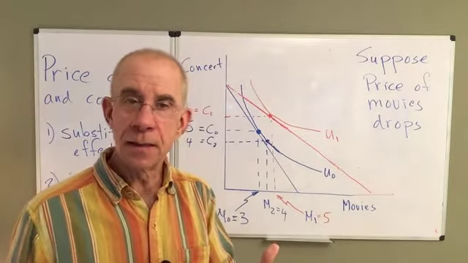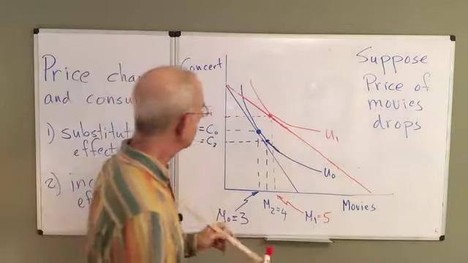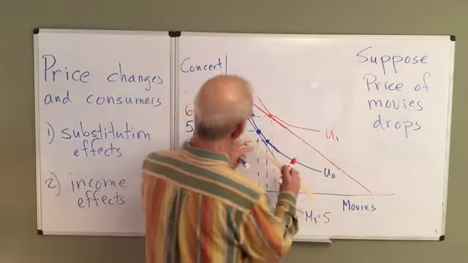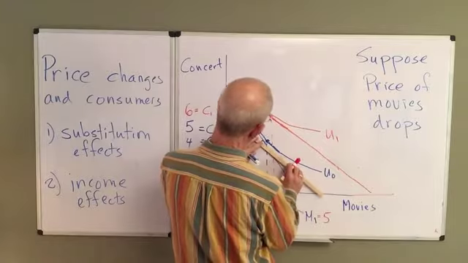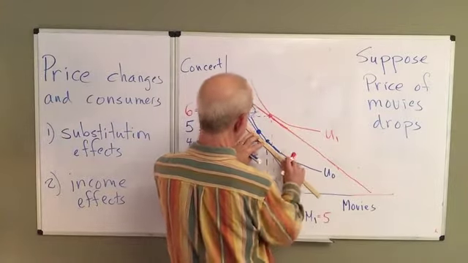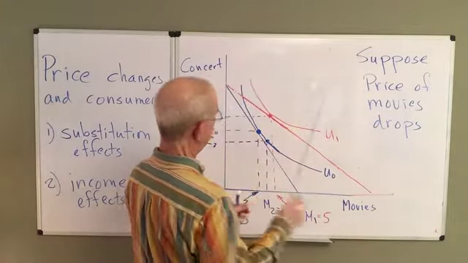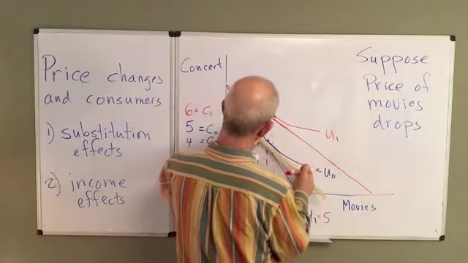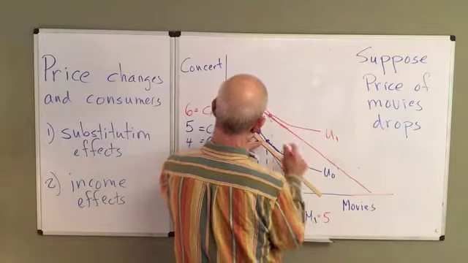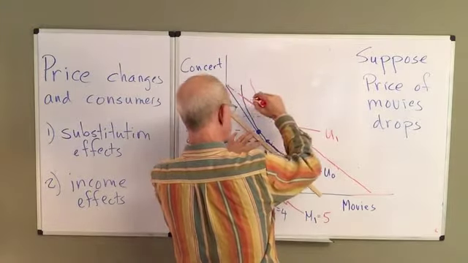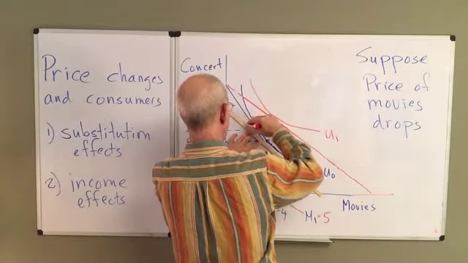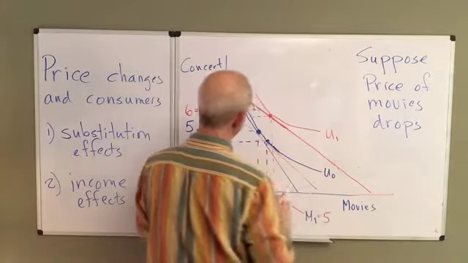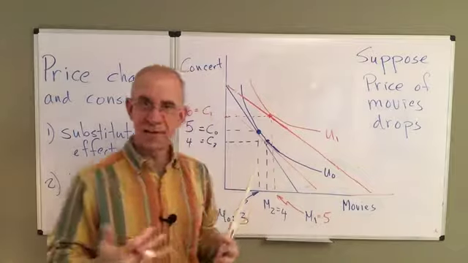Now we're going to take that same set, and I probably should draw this budget constraint in here. This does get kind of messy, but we need to have it. This budget constraint that I'm drawing here is one that is never really faced by the consumer.